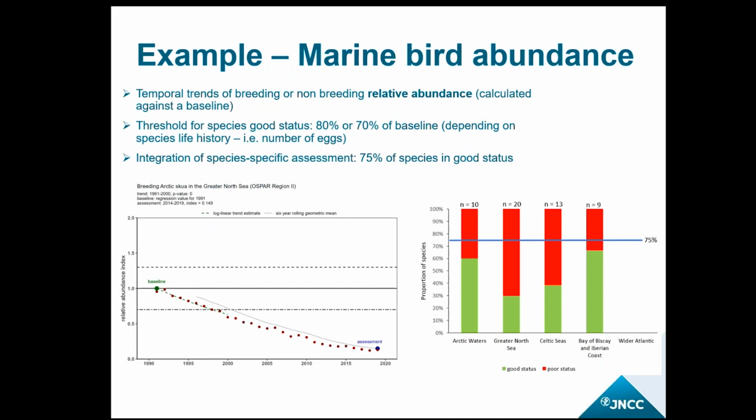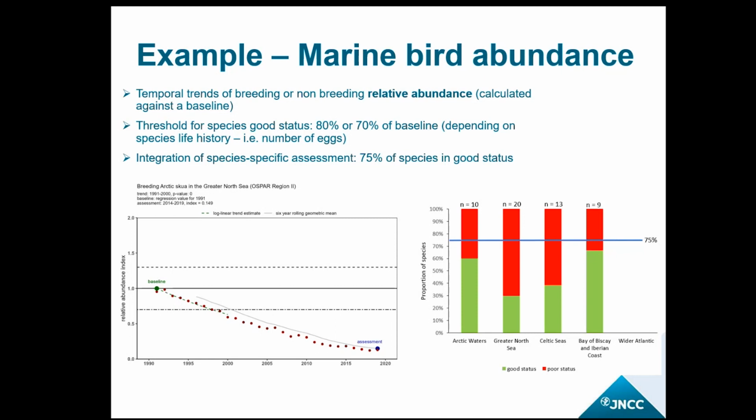Then we also have an example of marine bird abundance. This looks at temporal trends of breeding or non-breeding birds and looks at how the relative abundance changes. In this case, there's a set threshold for good status. In order for a species to be considered in good status, 80% or 70% of the baseline needs to be met, and that varies according to the species, depending on the species' life history.